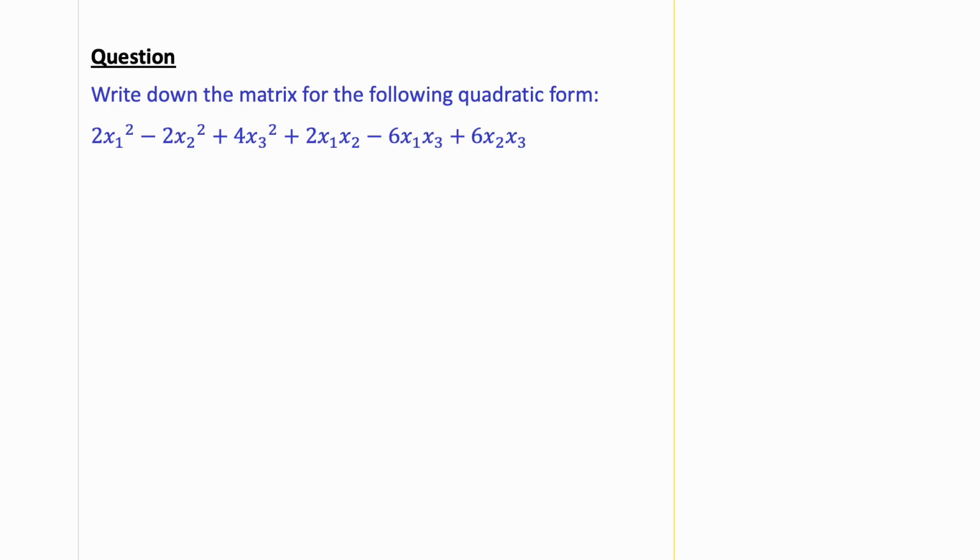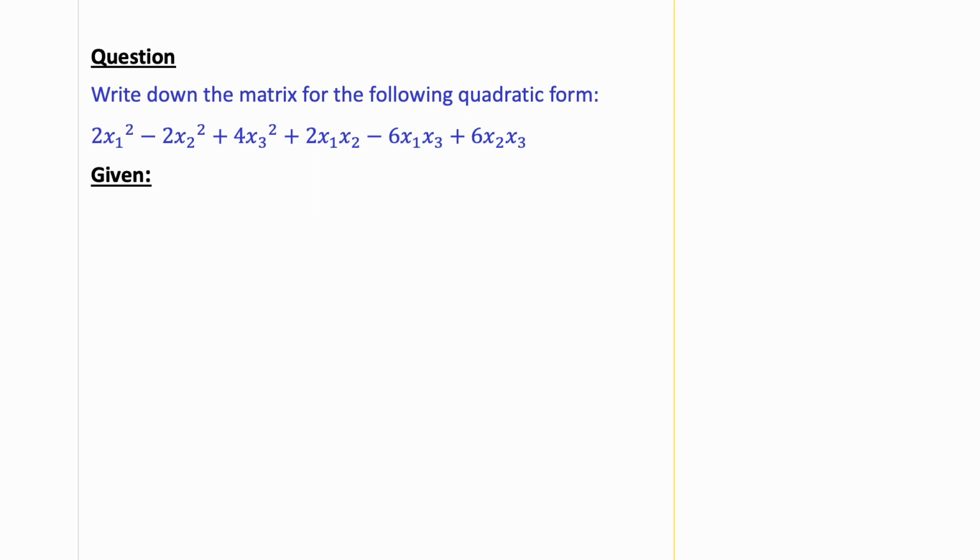The question given is, write down the matrix for the following quadratic form: 2x1 square minus 2x2 square plus 4x3 square plus 2x1 x2 minus 6x1 x3 plus 6x2 x3.